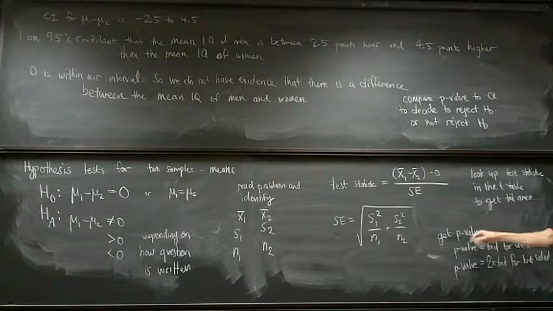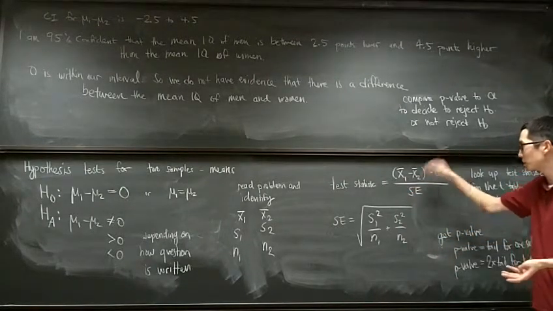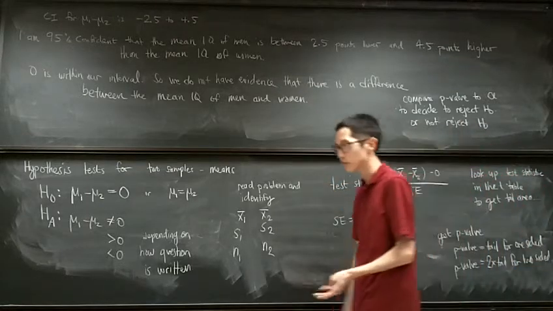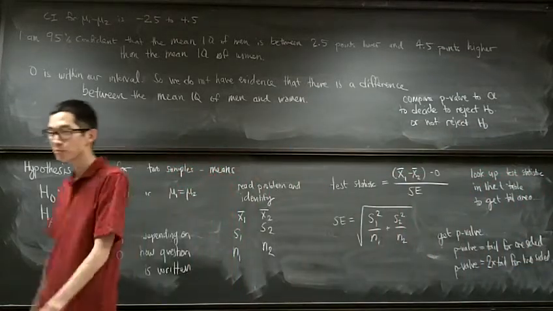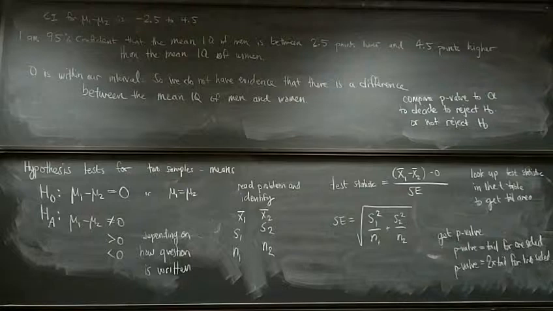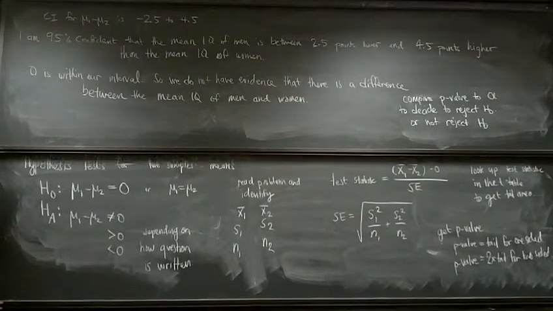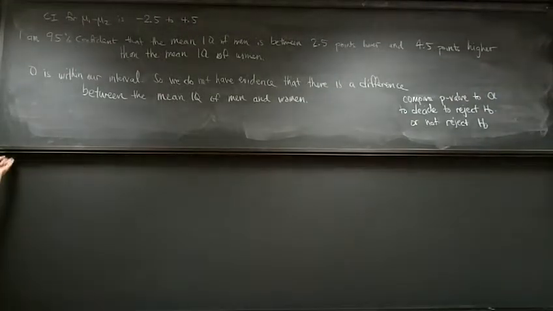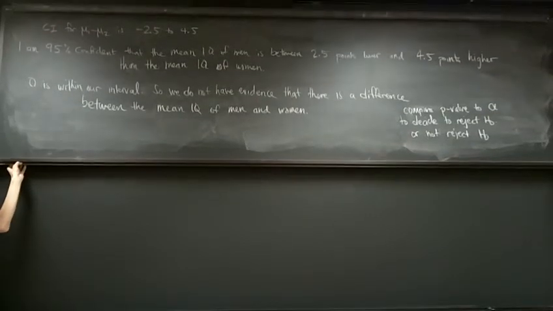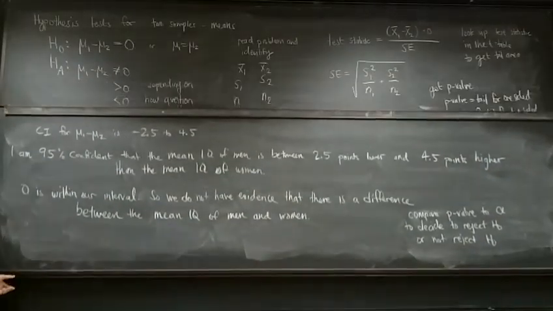The only thing that changes is your standard error and maybe the way you write your hypotheses. And the interpretation is always going to feel a little shaky, but even the interpretation, it's the same concept.